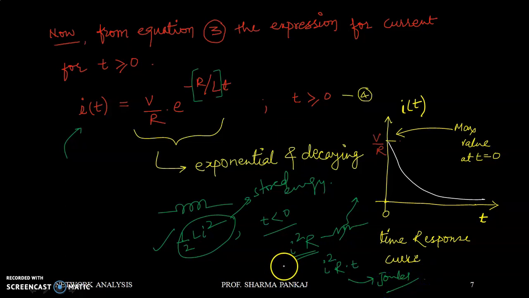If there is no resistor, then the inductor can make the current flow for infinite time. But this is not practically valid, as the inductor always contains inbuilt resistance within it.